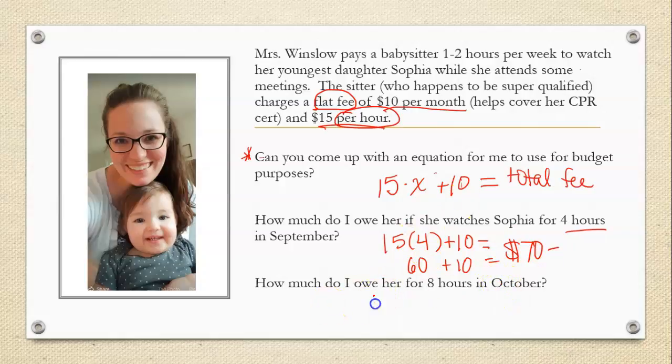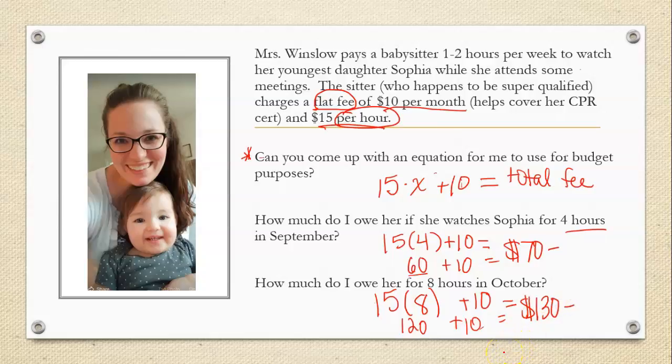The next one here, 8 hours, we're going to plug 8 in for the x and see how much I owe my sitter for October. So 15 times 8 is 120, which is just double this, right? Plus 10 is 130. So I would owe her $130 for that month.